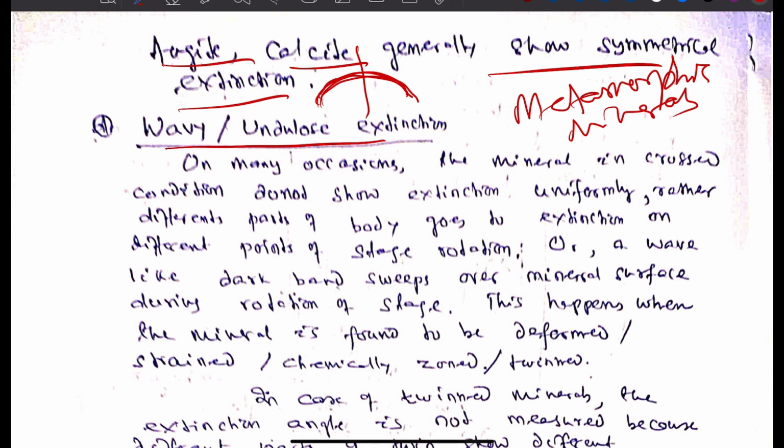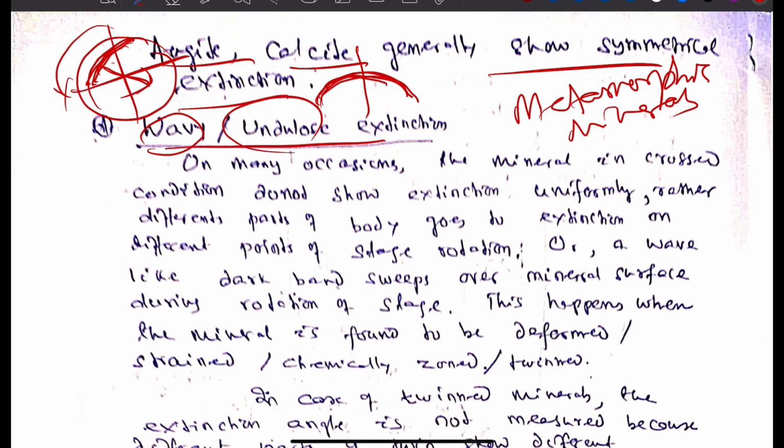With rotation of the stage, a curve-like body will sweep over the mineral. Along with the rotation, a curve will sweep, and that is OV or undulose extinction. It is commonly seen in quartz, metamorphic quartz.